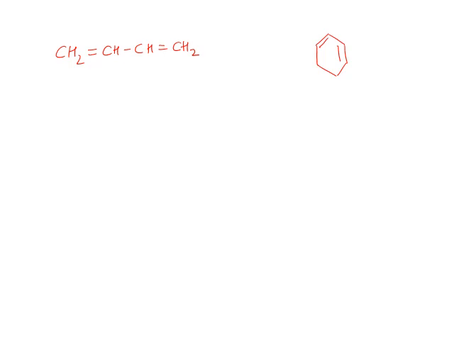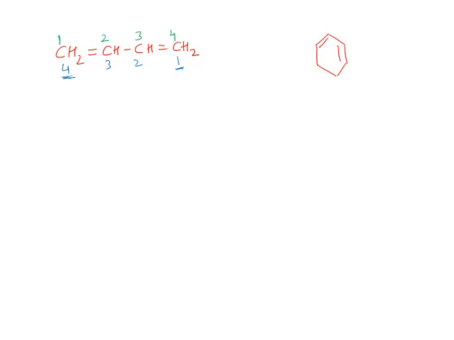If I start from here, 1, 2, 3, 4, I'm giving the preference to the double bond on the first carbon and then the third carbon. If I had started from the other side, 1, 2, 3, 4, still I'm getting the double bonds at the same locations. So it doesn't matter which end you start counting, both will give the same location numbers for both of the double bonds.